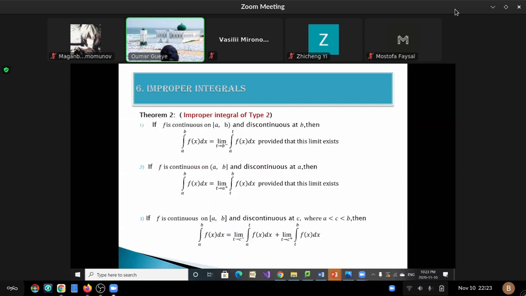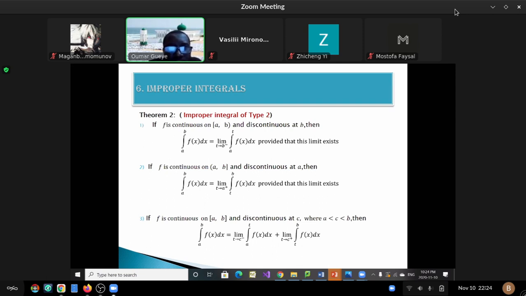So next we'll see the second type of improper integral. As I told you at the beginning of the lecture, there are 2 types of improper integral. The first one is when the interval of integration is infinite. This happens if at least one of the bounds is equal to infinity or negative infinity. That's what we did before.